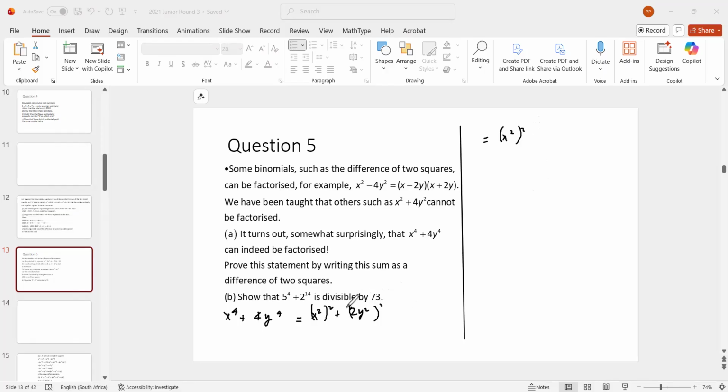So you have to add 2 times x squared times 2y squared plus 4y to the fourth.